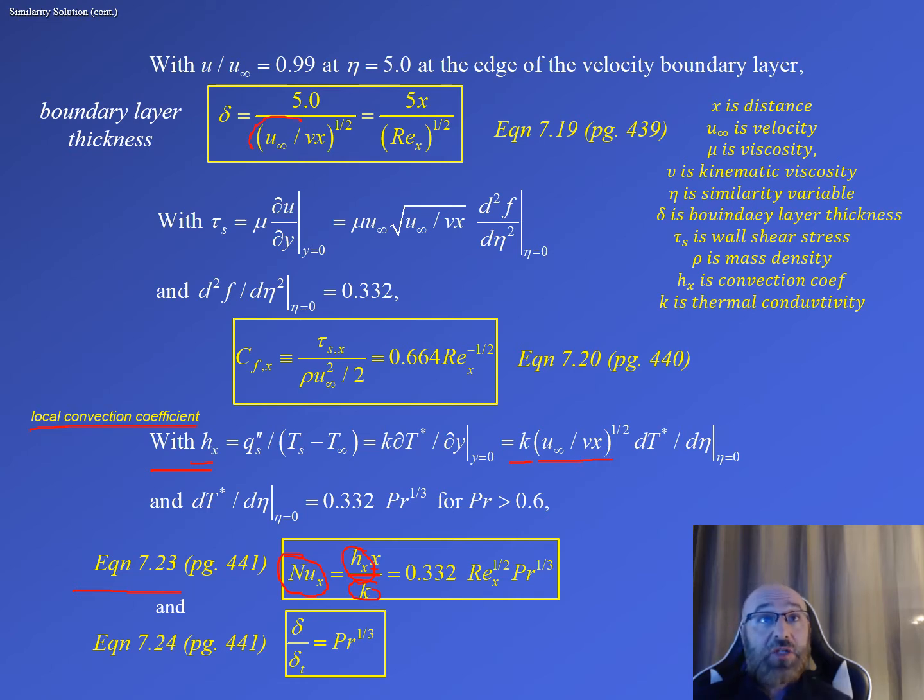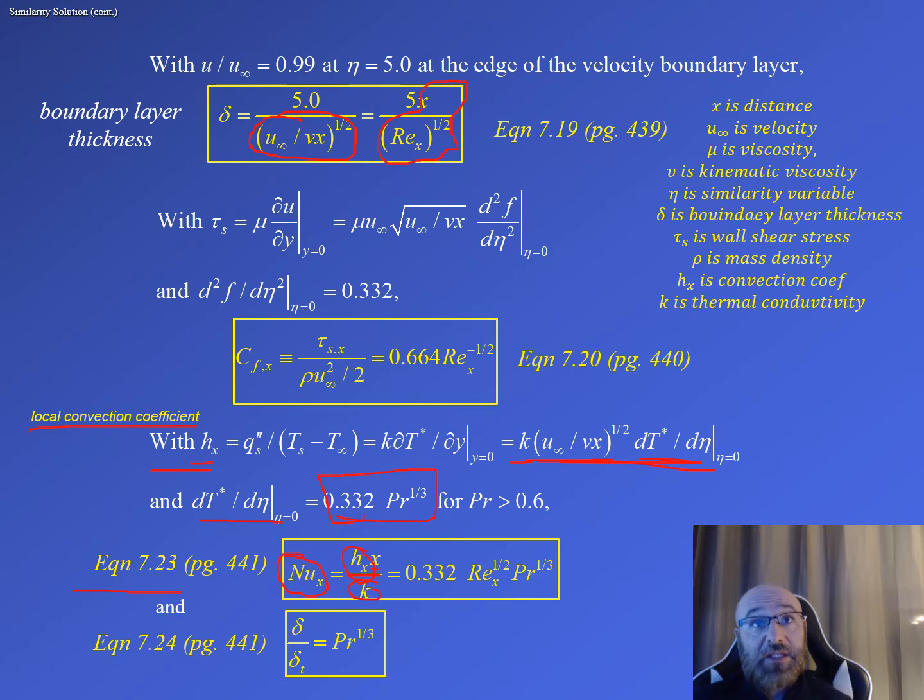Now this relationship comes from up here from equation 7.19. We saw that this relates to x over our Reynolds number to the 1/2 power. So we can replace this portion of this with this relationship of x over our Reynolds number there, plug it in, and this is multiplied by our relationship for our partial of our dimensionless temperature with respect to eta, and we showed that this down here is equal to this relationship.